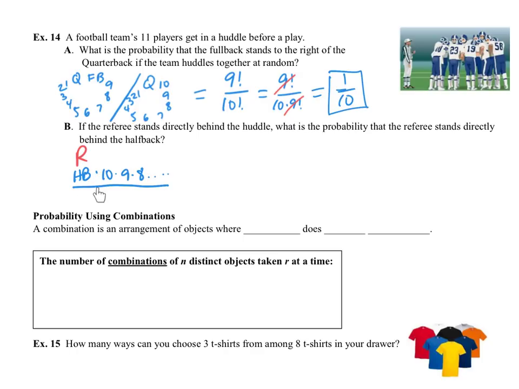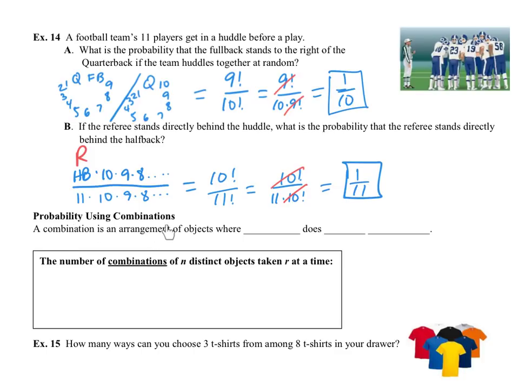Now, we need to make this a probability, so out of the total ways that the team can line up, well, there's 11 guys for this first spot, and then 10 guys, and then 9, etc. In other words, this is going to be 10 factorial over 11 factorial, or 10 factorial over 11 times 10 factorial. I wrote it like that so I can cancel the 10 factorial, and we see that the probability is 1 out of 11.